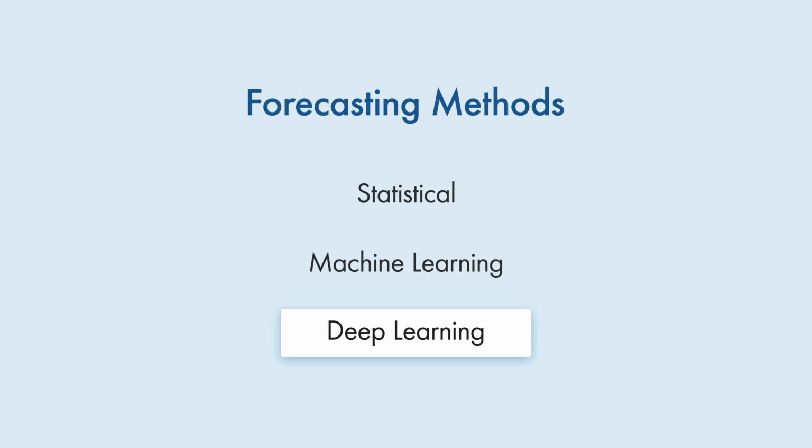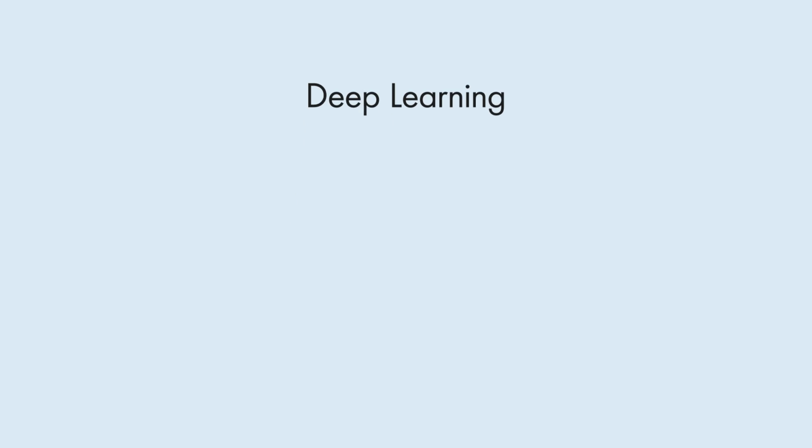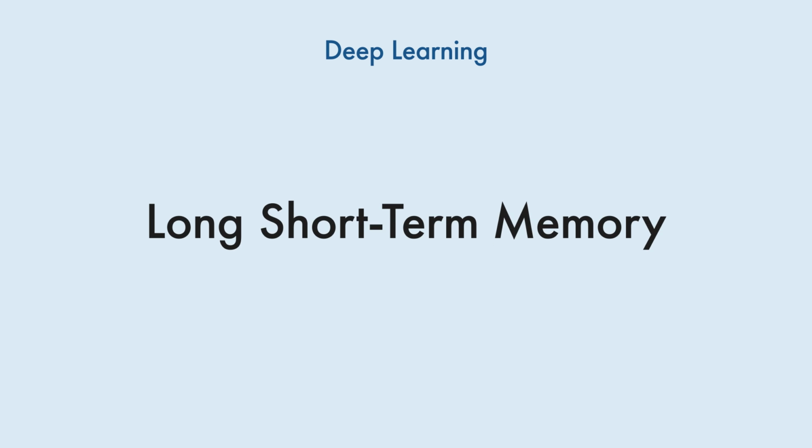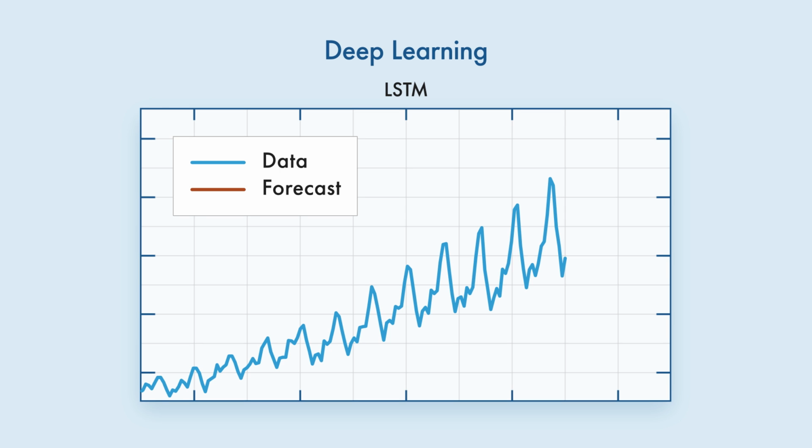Finally, let's explore deep learning methods, which excel at capturing the patterns in time series data. These models are really good with data that have long-term dependencies. One of the most popular models for time series forecasting is the long short-term memory, or LSTM network, which is designed to learn from sequences and capture long-term dependencies by selectively remembering and forgetting information.